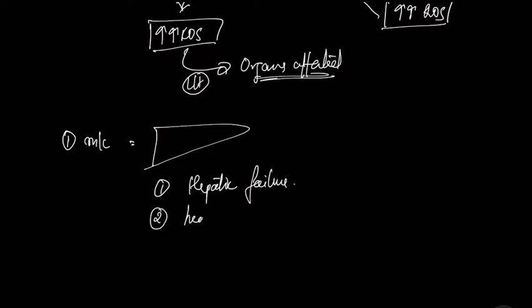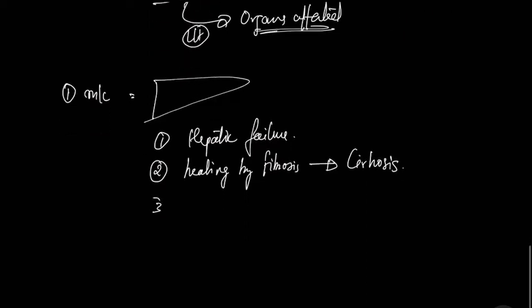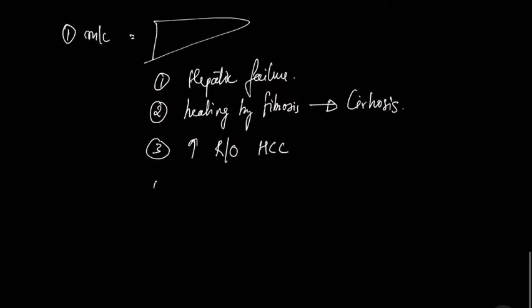Second, we see healing by fibrosis. All right, which leads to your cirrhosis. Thirdly, there is increase in risk of HCC, hepatocellular carcinoma. All right, and lastly, there's increase in pigments in the Kupffer cells.